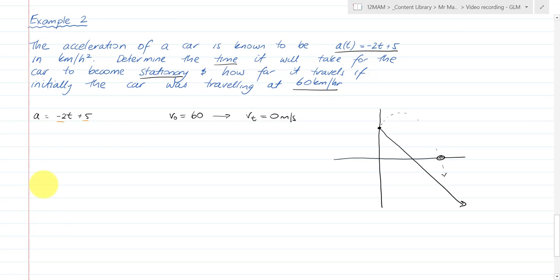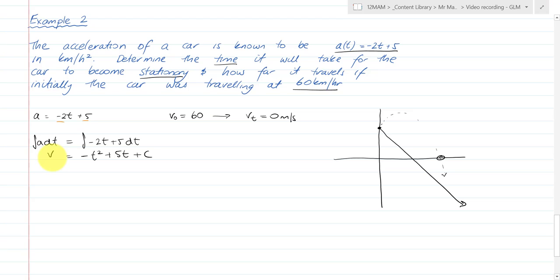So let's do it. The acceleration is that. Then we integrate acceleration with respect to t to get the integral of negative 2t plus 5 with respect to t, which is equal to negative t squared plus 5t plus some constant, and that's our velocity.